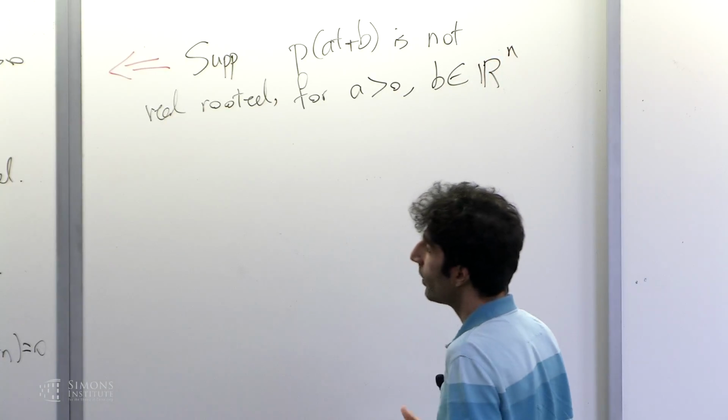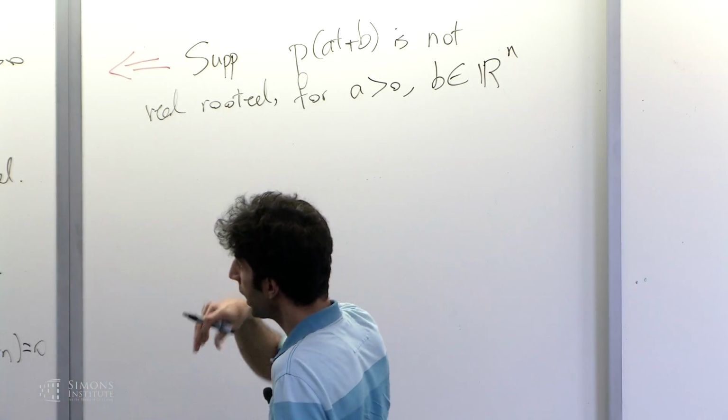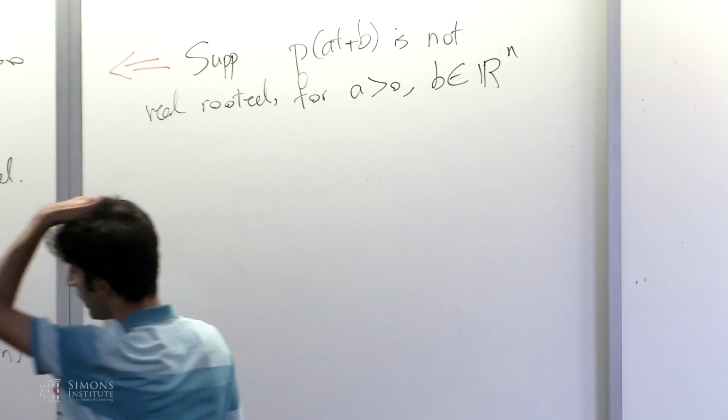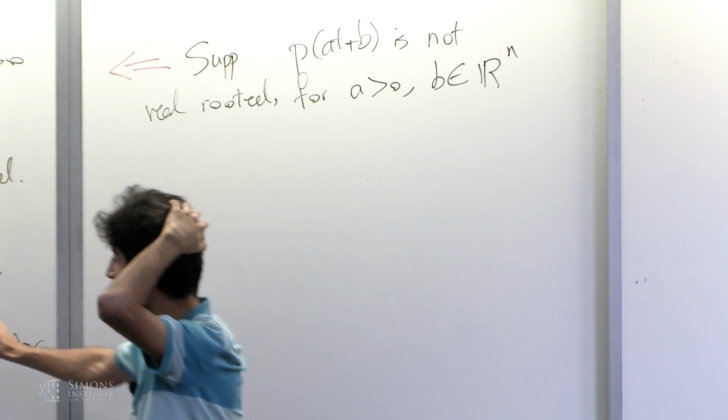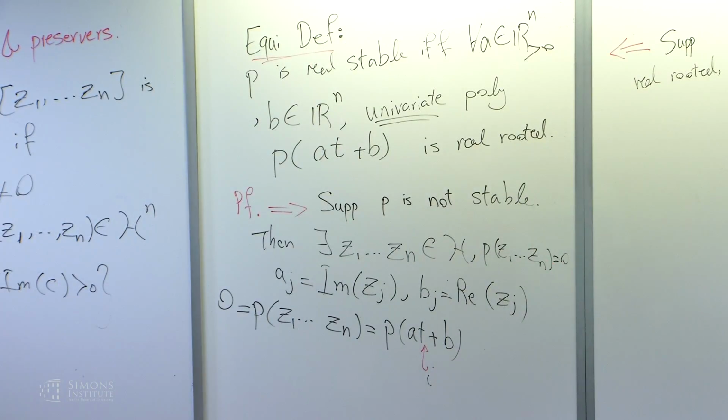Now what I want to prove is that the polynomial P is not stable.